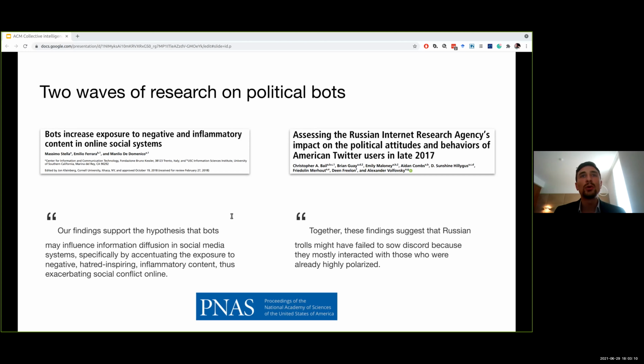In fact, they concluded that Russian trolls might have failed to sow discord because they mostly interacted with those who were already highly polarized. So, a nice contrast, but which one is it?